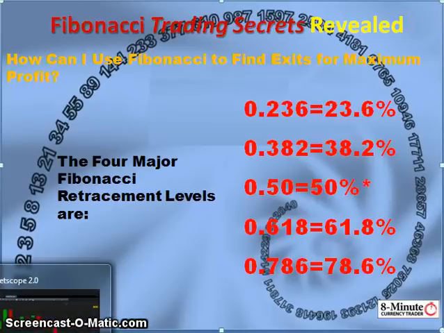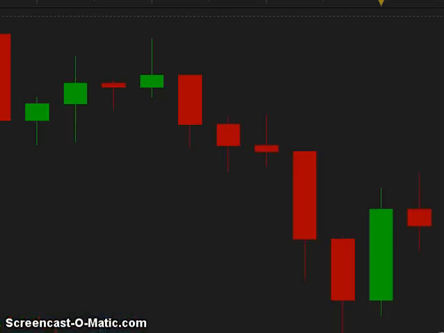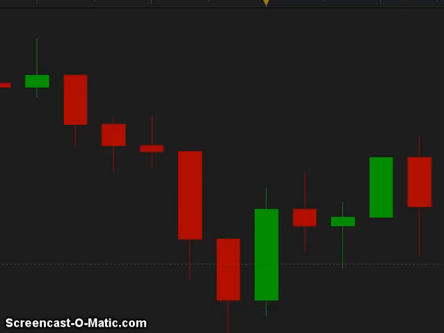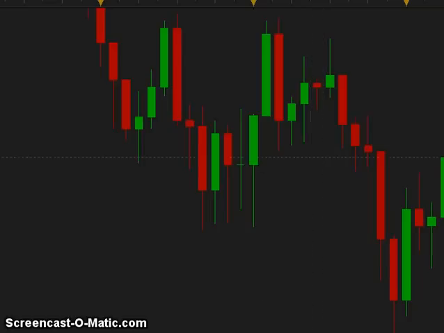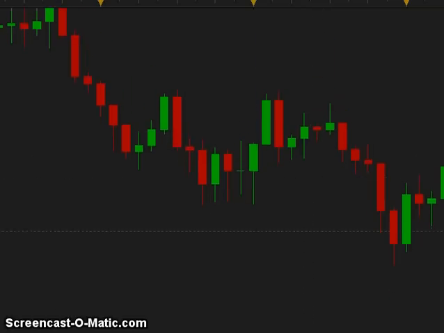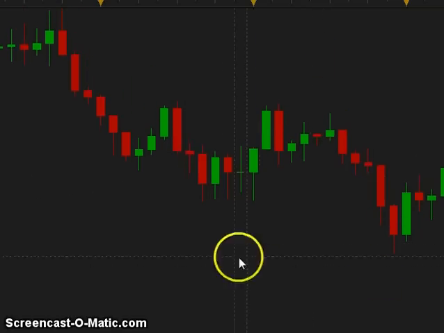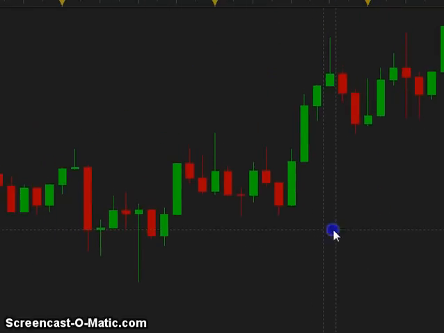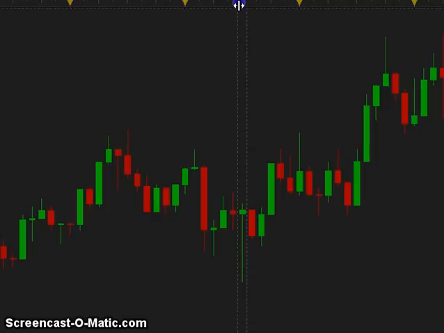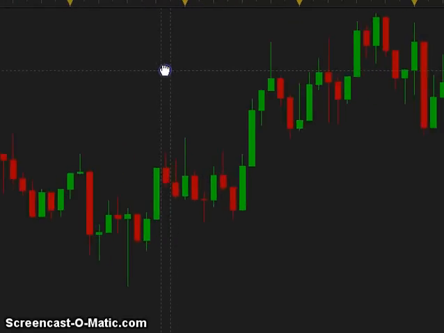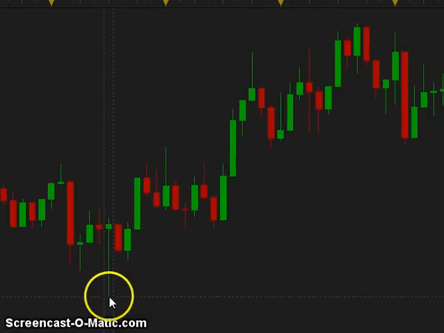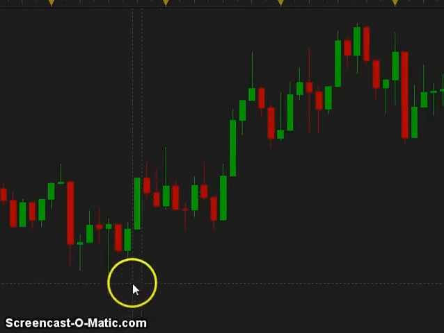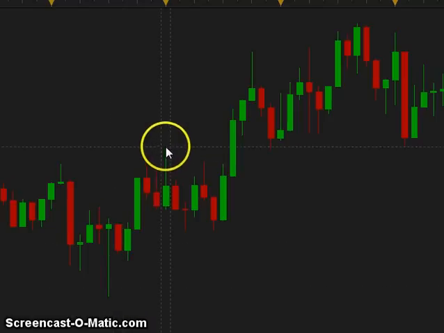Let me pull up a chart here, and here we go. This is the Aussie dollar, and let me just go ahead and move it back here. This is where we were looking at this long wick, okay? Looking at this long wick and this long wick here to the upside.